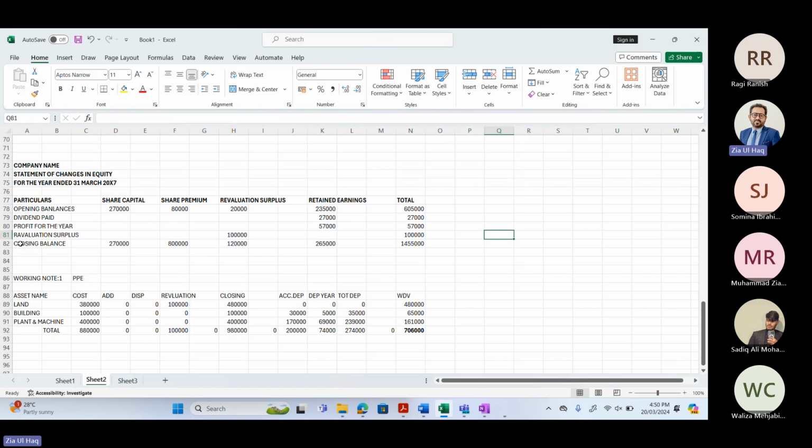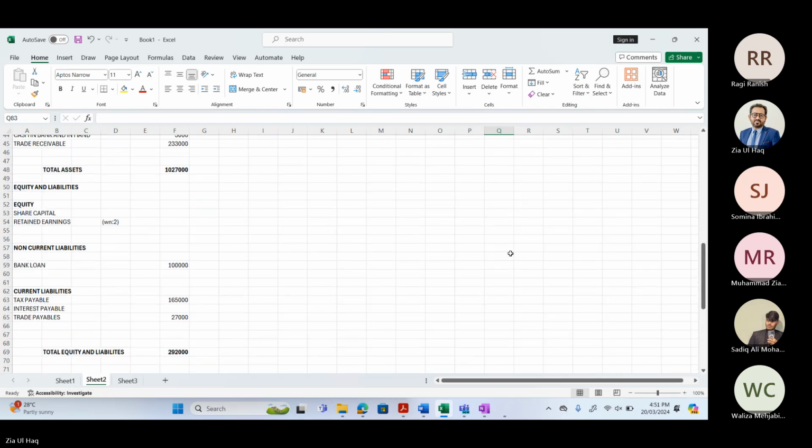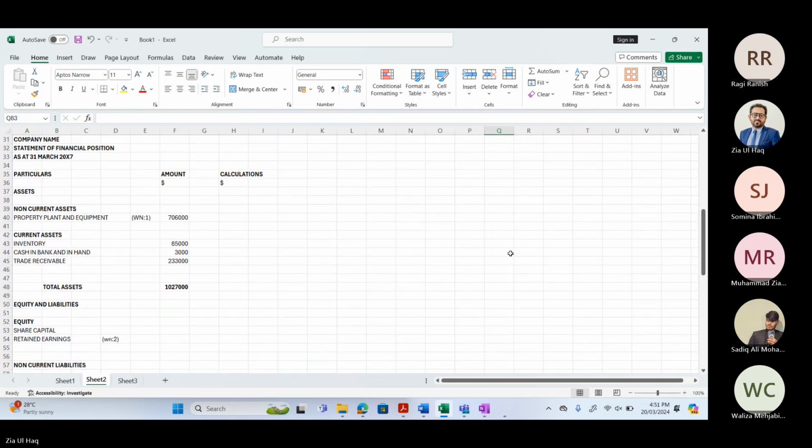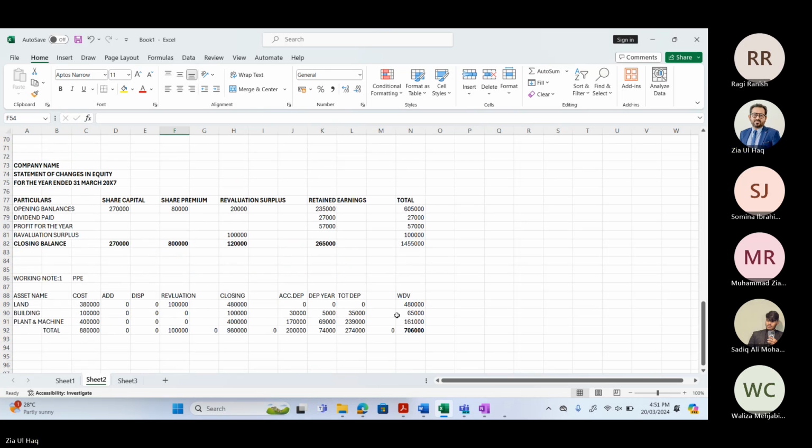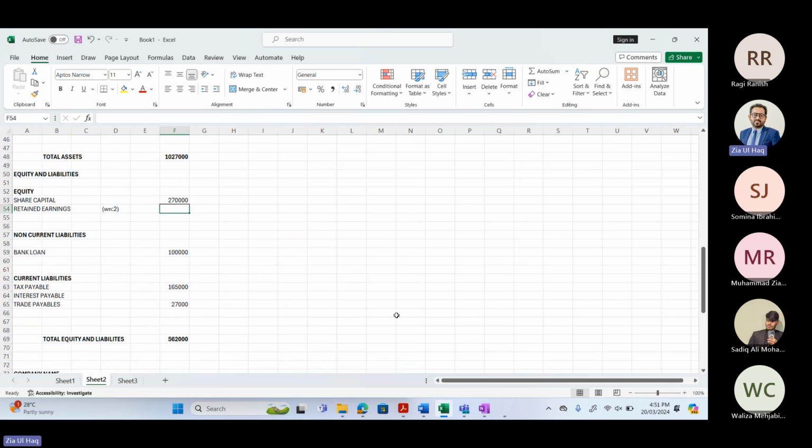So these closing balances we need to put in the statement of financial position. 270, 80,000. So here under equity, share capital will be 270. And there is a share premium as well, while retained earnings total is what? 265,000.